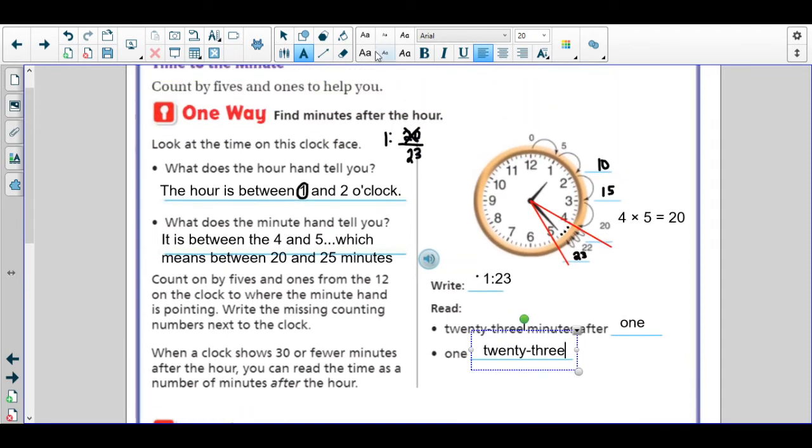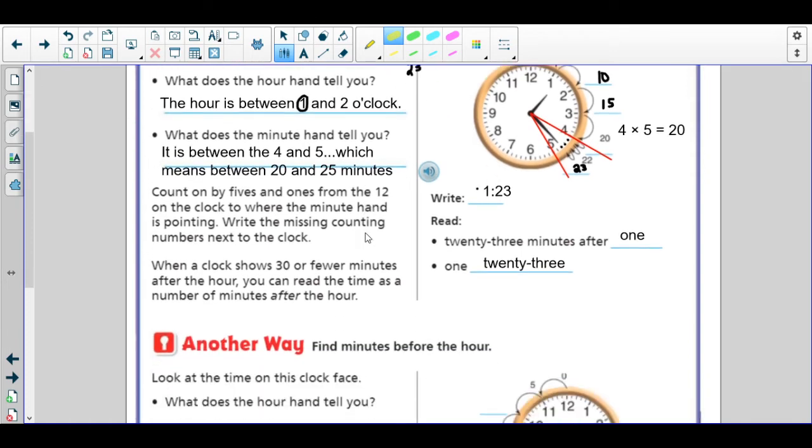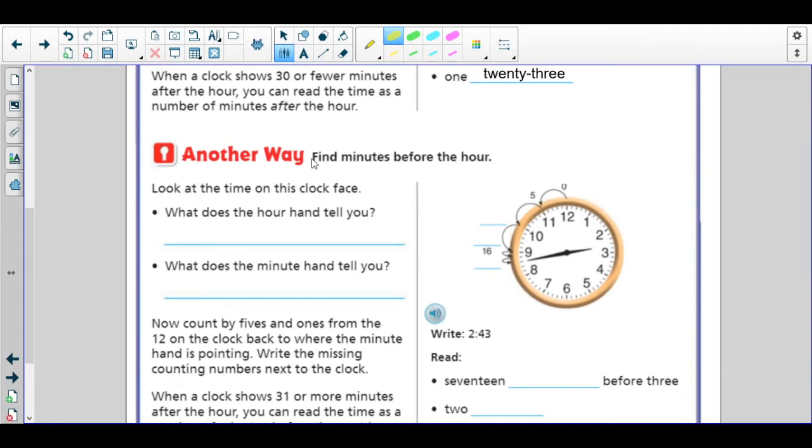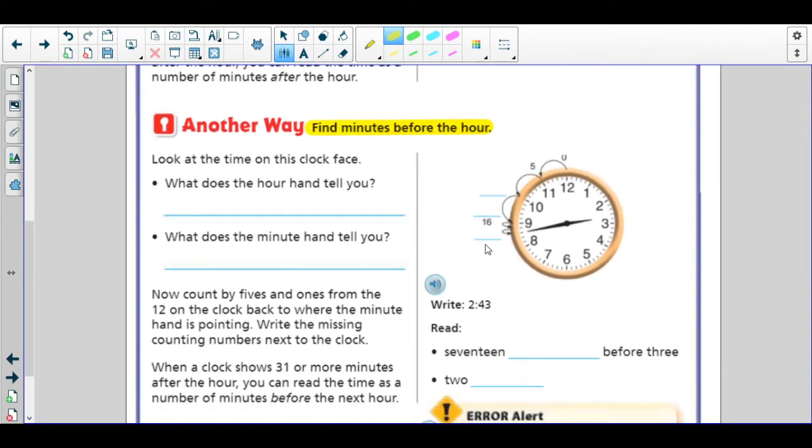Okay. So this method up here focused on finding the time after the hour. Now what we're going to do is come down here and find the time before the hour. Okay. So maybe it is after the 30 mark, the bottom of the hour.